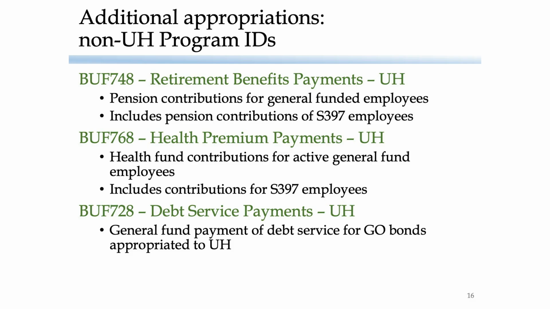Well, what's not immediately known or familiar for a lot of us is that the money that is appropriated to the university for labor is actually only for salaries. If you are a general funded employee, that meant that you have a general fund authorized position identified in the budget that the legislature authorized.